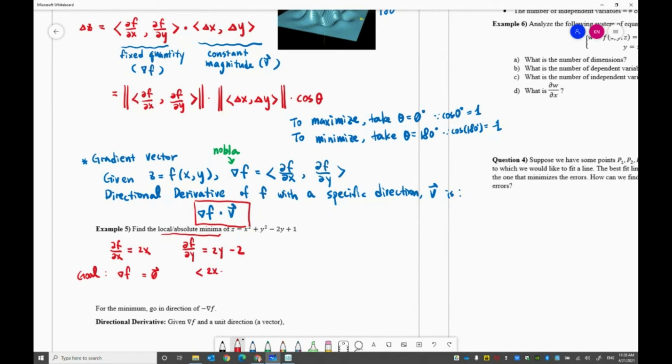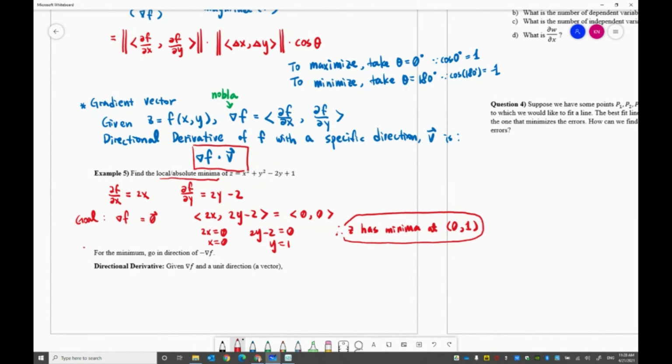I can say (2x, 2y minus 2) vector is a 0 vector, meaning 0 and 0. All the quantities should be 0. So you can solve 2x is 0, that means x is 0. 2y minus 2 is 0, that means y is 1.